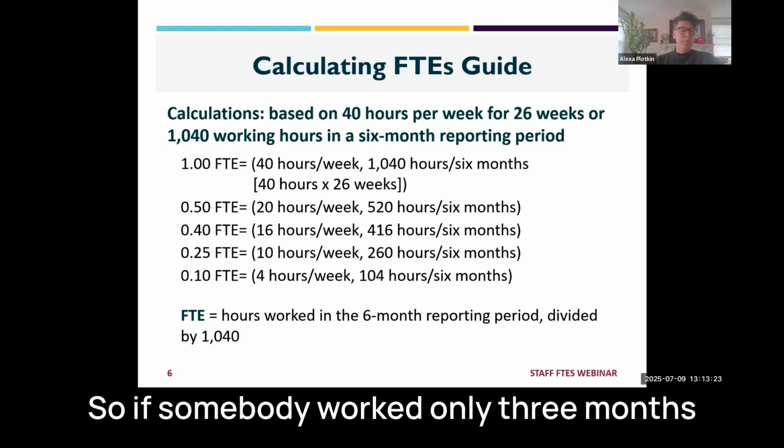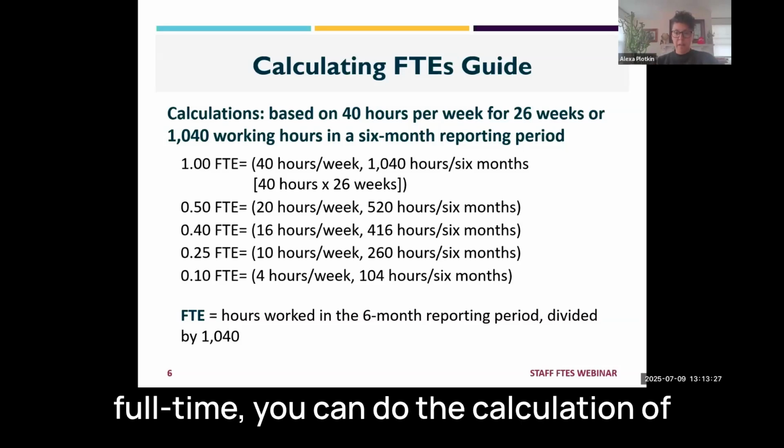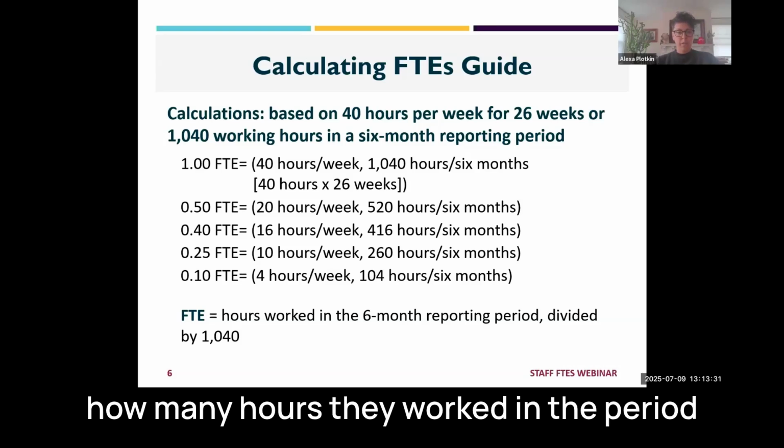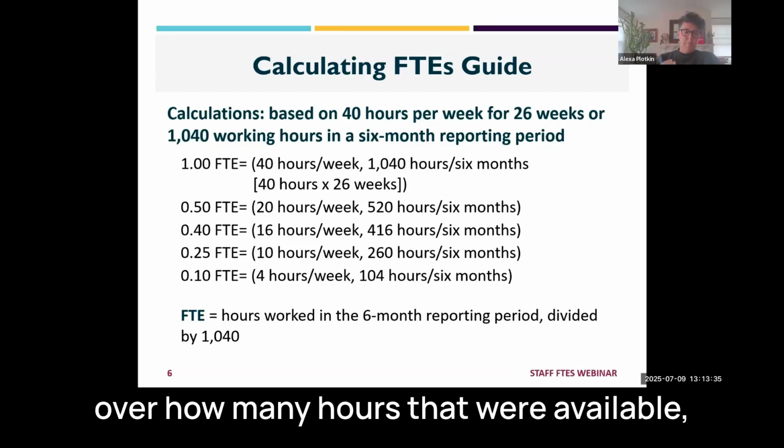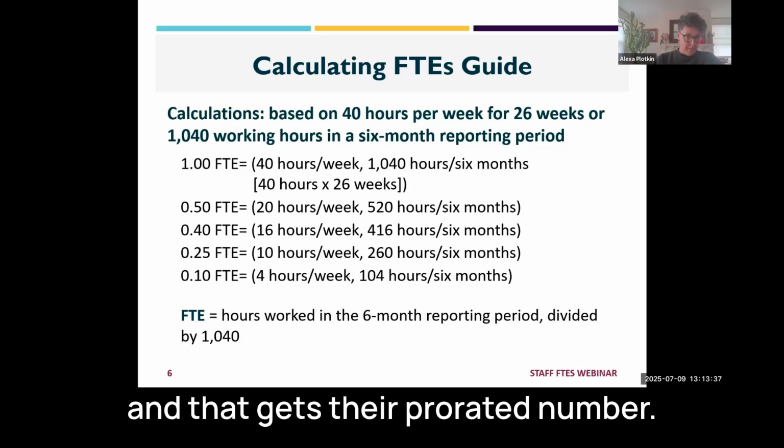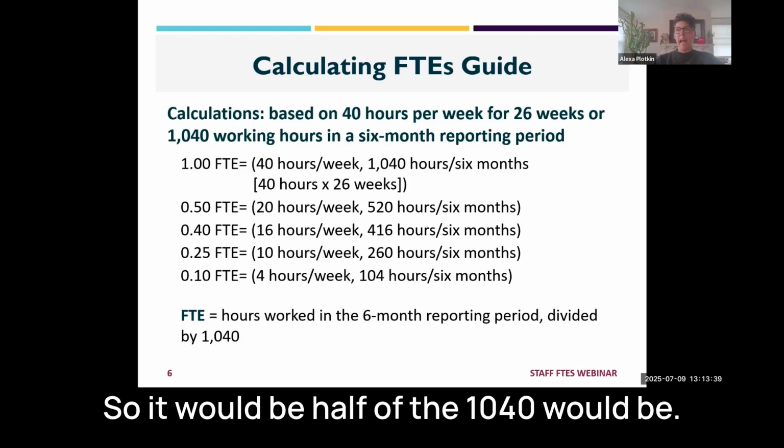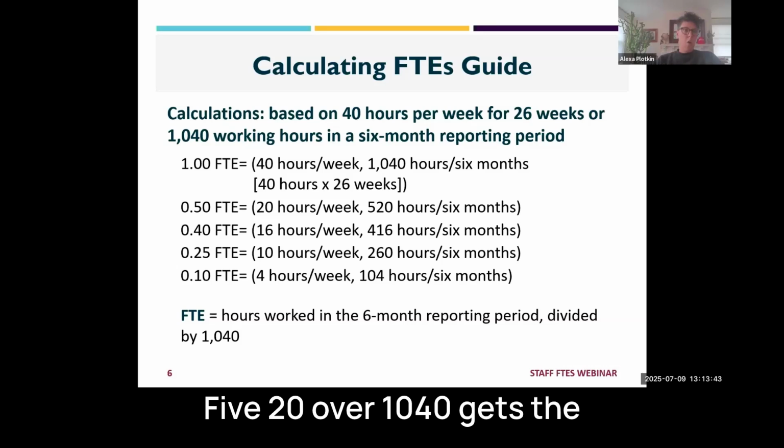So if somebody worked only 3 months out of the reporting period, but they were full-time, you can do the calculation of how many hours they worked in the period over how many hours were available, and that gets their prorated number. So it would be half of the 1,040, 520 over 1,040 gets the 0.5.